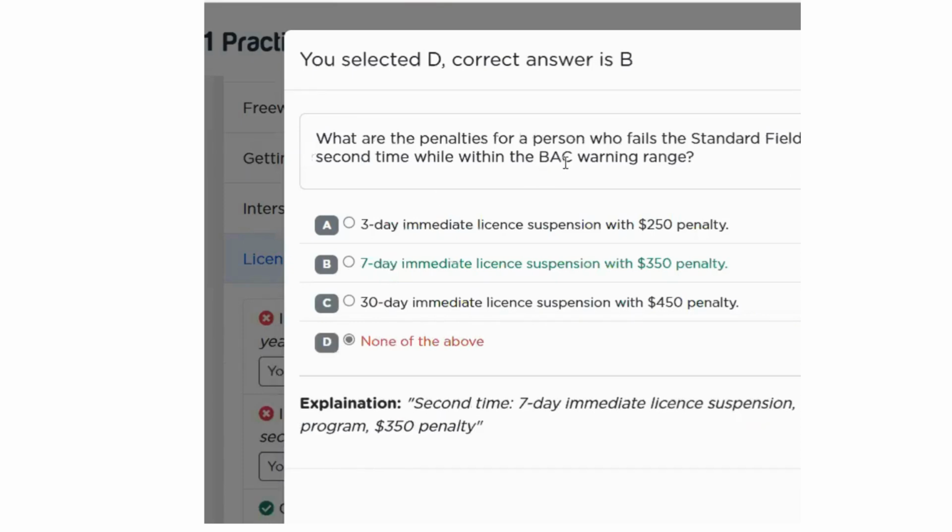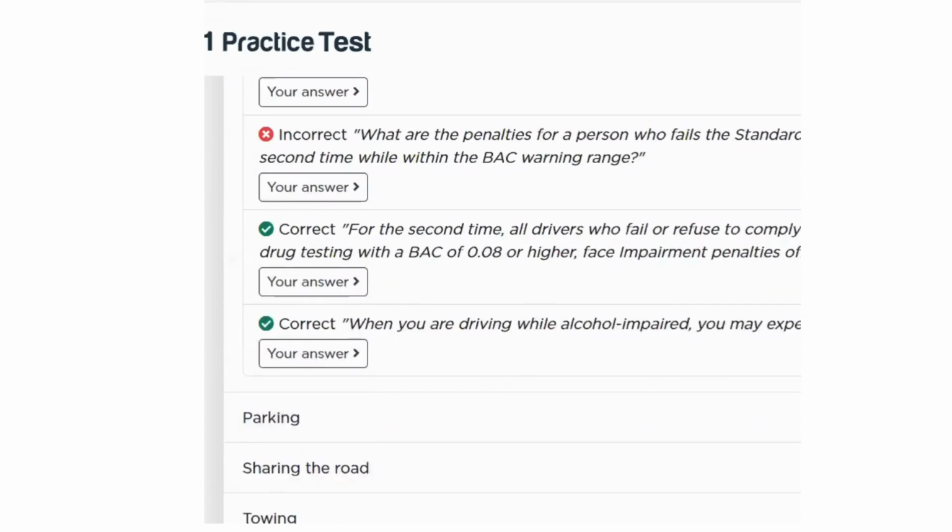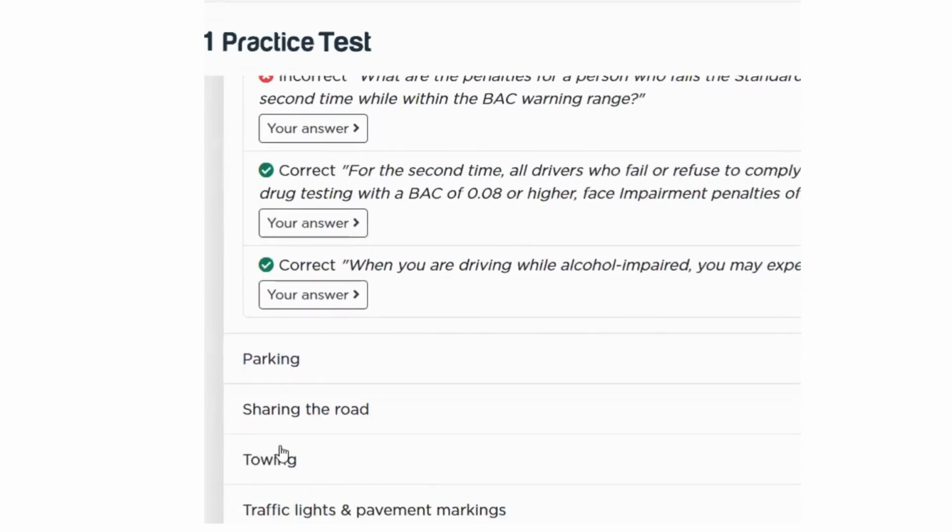What are the penalties for a person who fails the standard field sobriety test for the second time while within the PAC warning range? 7-day immediate license suspension with a $350 penalty. Okay. Towing.